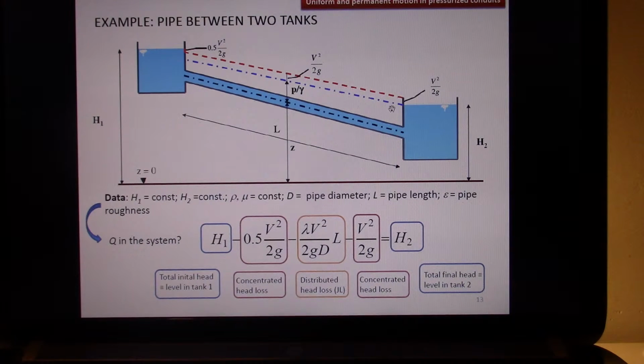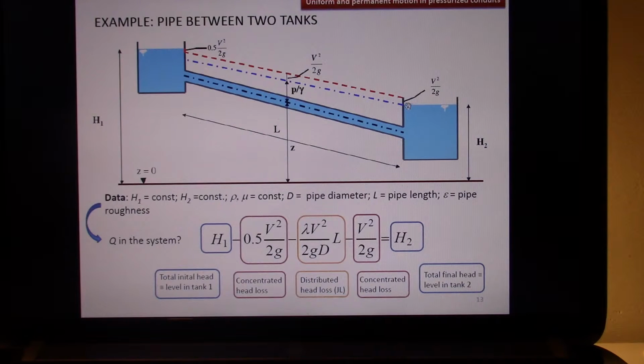Then finally, your fluid is entering the final tank, tank number 2. Hence, in this point right here, you have again another concentrated loss, which is given by K times v to the power of 2 over 2g, where K in this case is equal to 1.